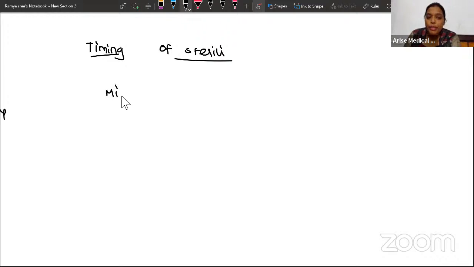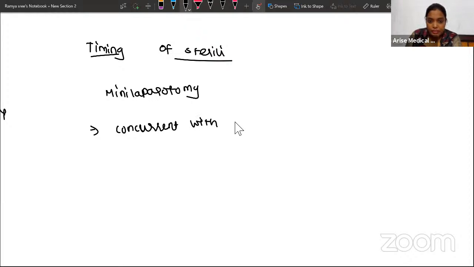For mini laparotomy, you can do it concurrent with cesarean section, that is, along with cesarean section, right?